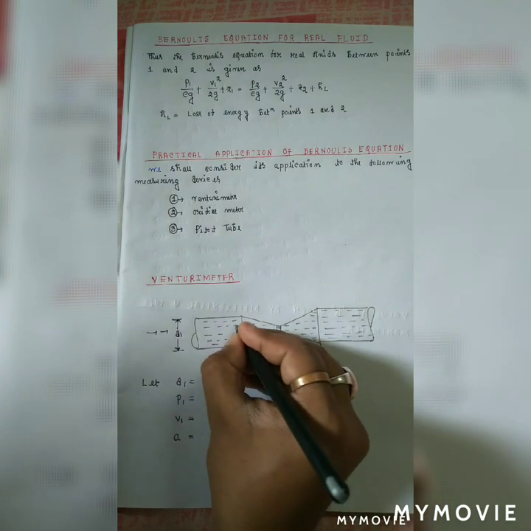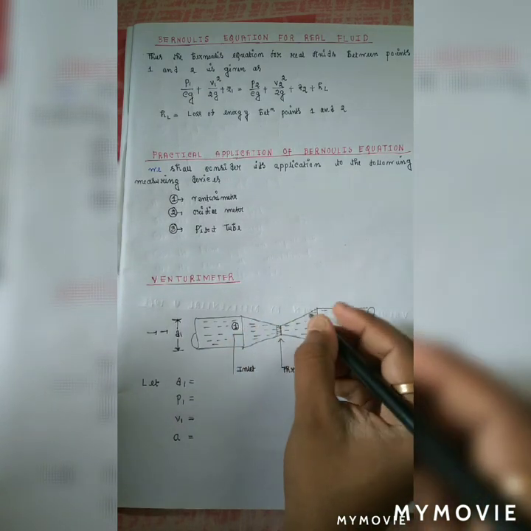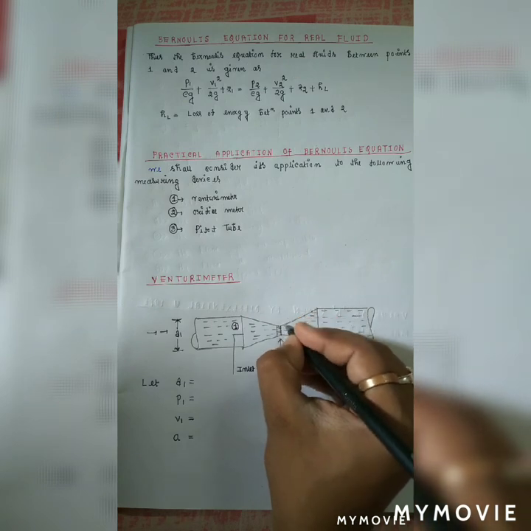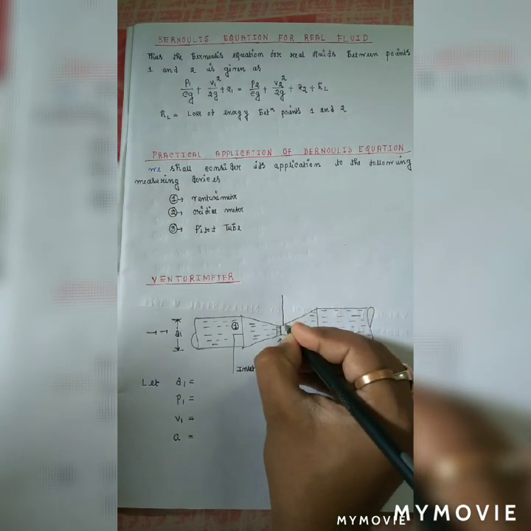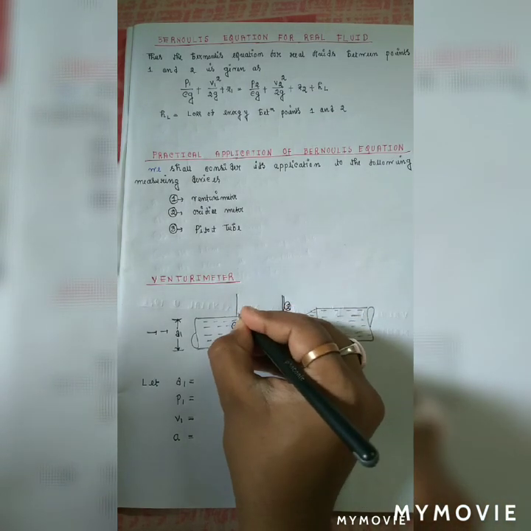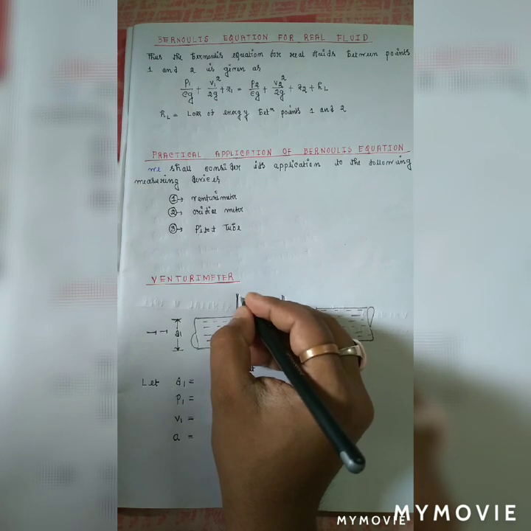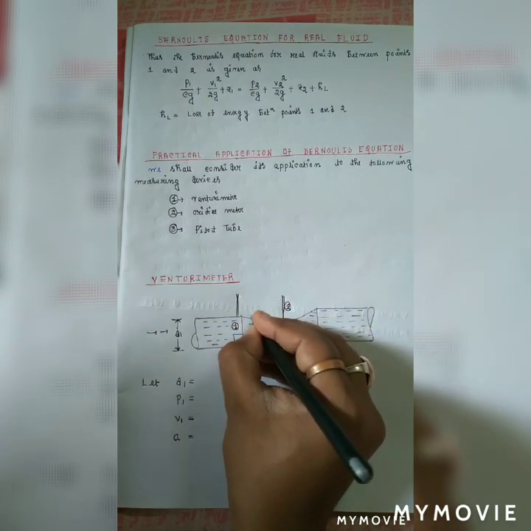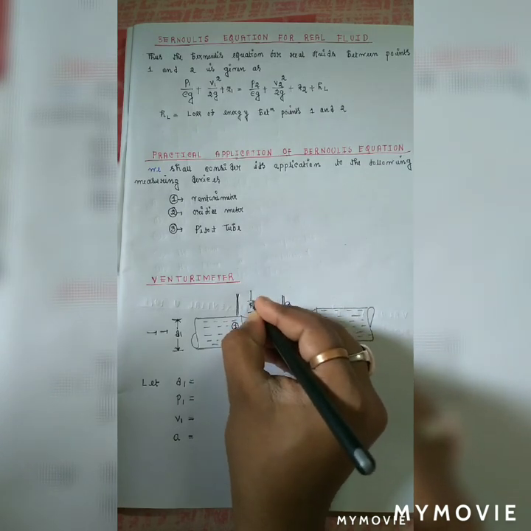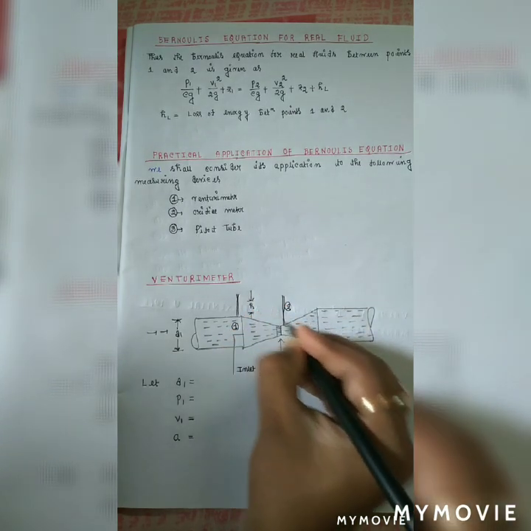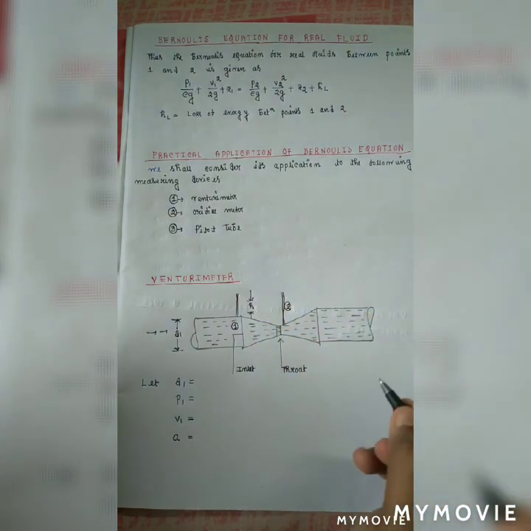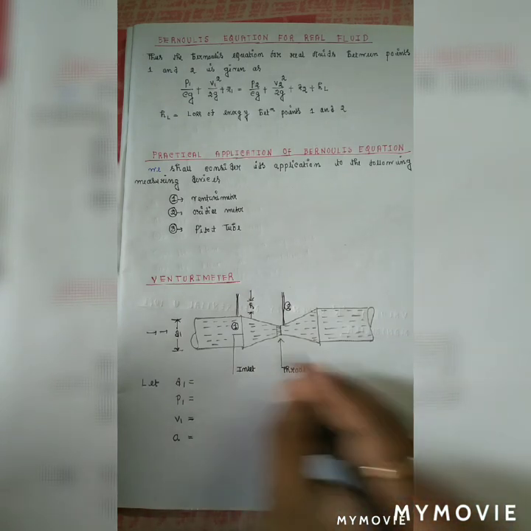This is the inlet section, and this is the throat. And this is the small h height. The main parts are: number one, the short converging part; number two, the throat; number three, the diverging part. Let's consider all the terms.